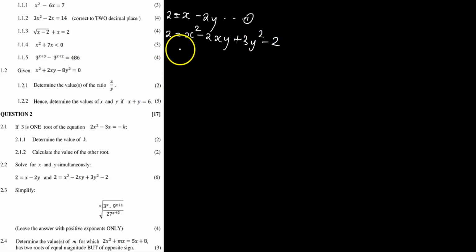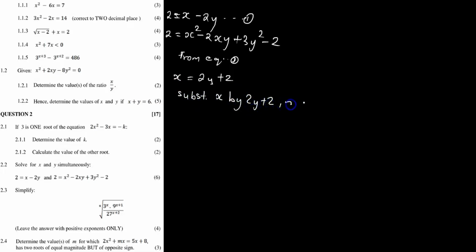Then from there you can just take the first equation, obviously the linear, and make x the subject. So from equation 1, we know that x is equal to 2y plus 2. So you just move this 2y to the other side. And then you say substitute x by 2y plus 2 in equation 2.